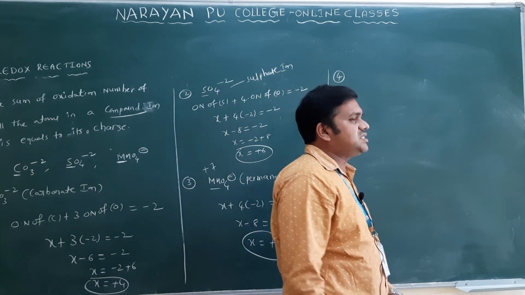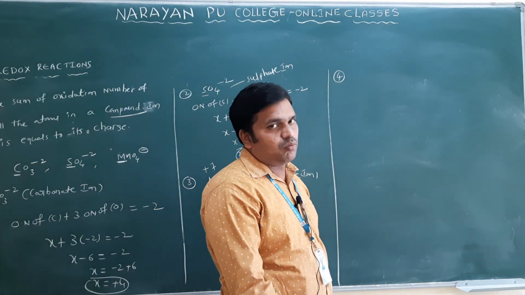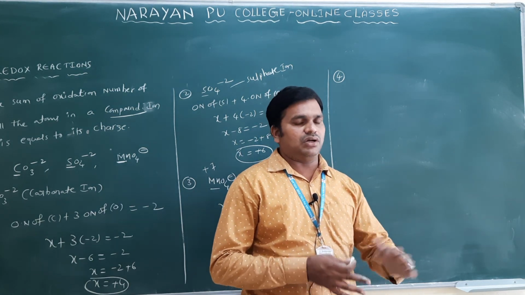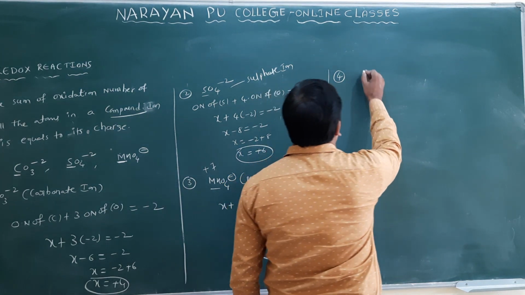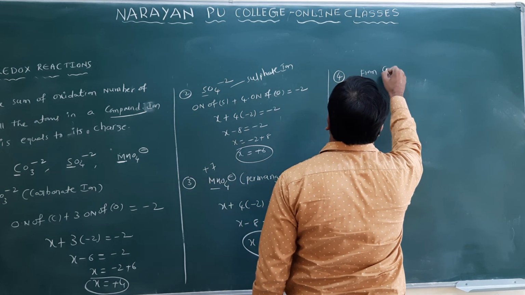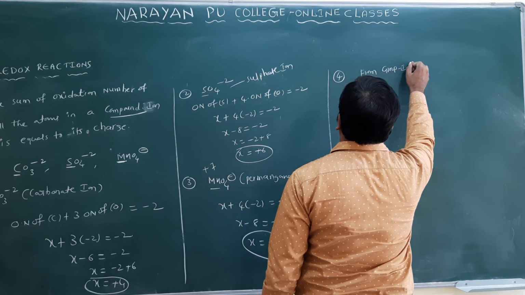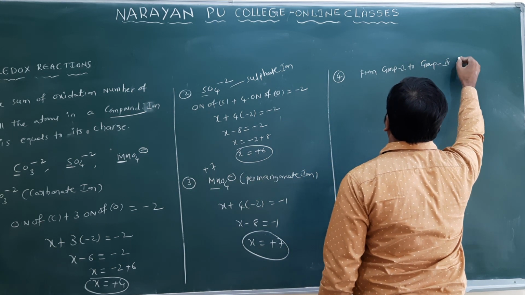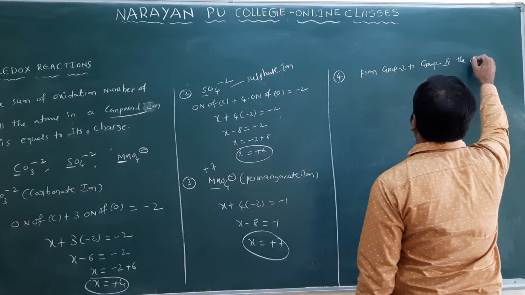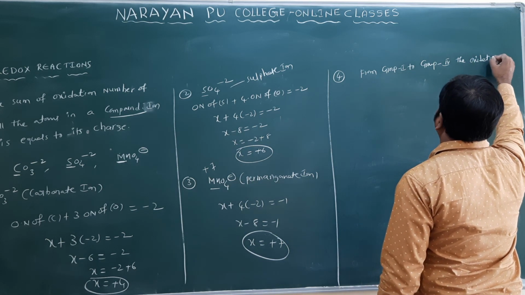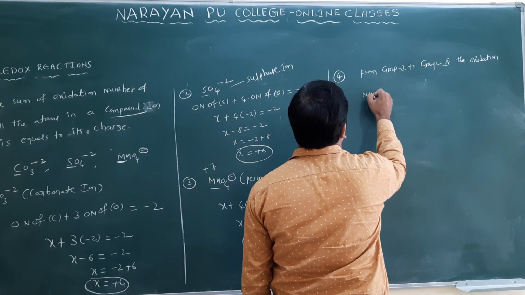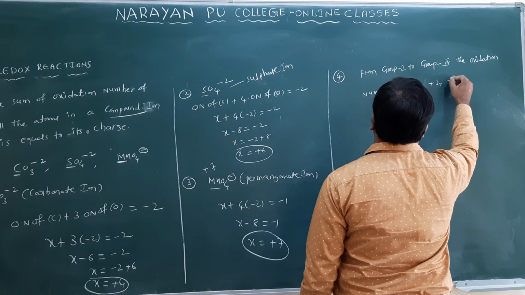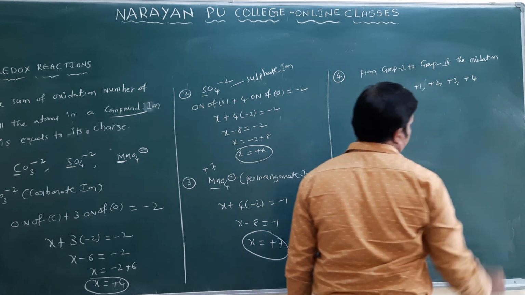In a periodic table you can see here we have 8 groups. We can write them in Roman numerals, we have 8 groups only. For 8 groups you can split into 2 types of oxidation numbers only. From group 1 to group 4, the oxidation numbers you will write: plus 1, plus 2, plus 3 and plus 4 only.